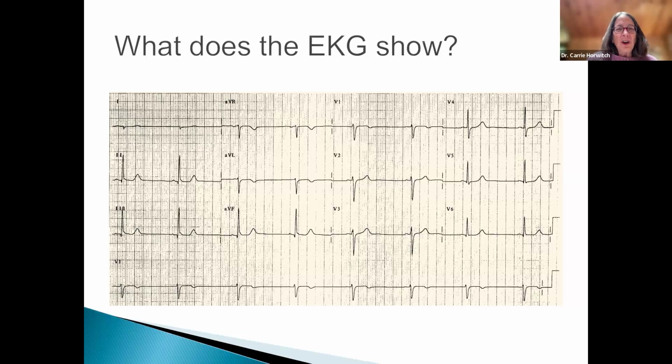It's hard to say if the axis is normal because the QRS in 1 is so small, but for the sake of this, let's say it's pretty close to normal. The intervals are all normal, and there are no obvious ST elevations or depression. There may be a slightly inverted T wave in V1 and AVL, but otherwise this is normal. And this would potentially be a normal EKG for a young, healthy person. Next slide.